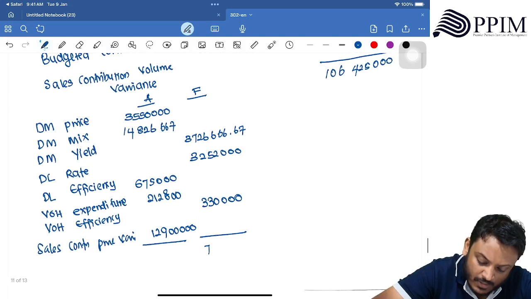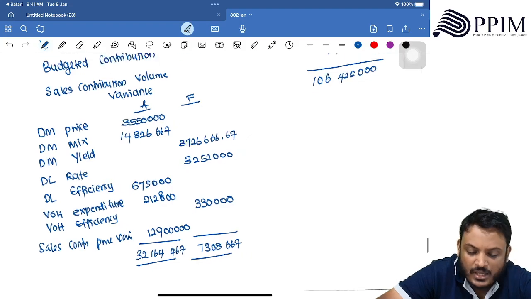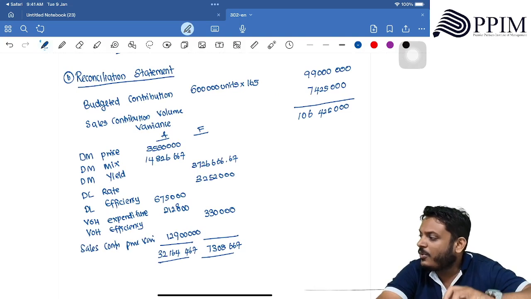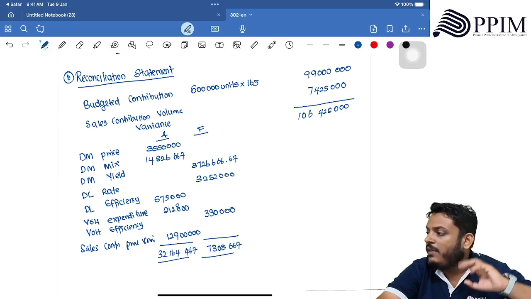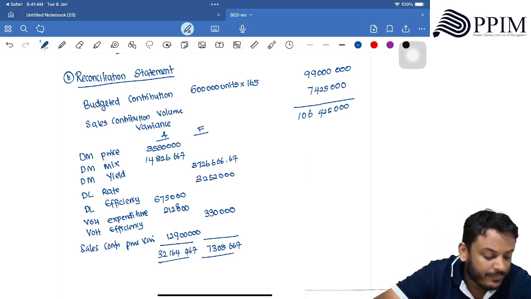So these are the total favorable and adverse variances. Favorable total 7,308,667, adverse 32,164,467. If you want to score marks easily, just look at the format, because in most past paper questions they give the variances. Even if whatever variance you calculated is wrong, it's a given variance. If you write it down, you will get some marks.